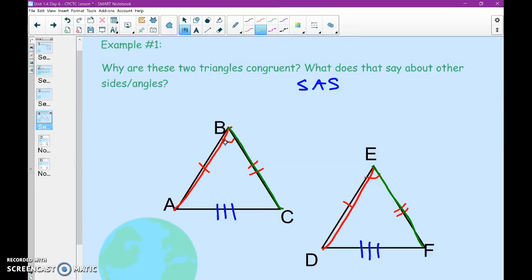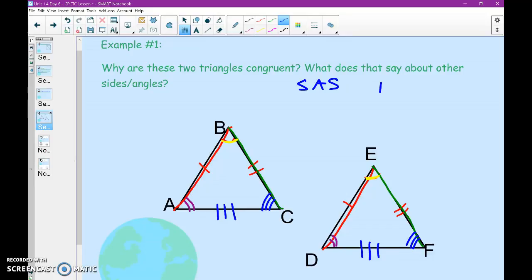In the same way, we know that angle B and angle E are congruent. However, we don't really have anything else about the angles until we do SAS. After that point, we now know that angle A and angle D are congruent. And we also know that angle C and angle F are now congruent.